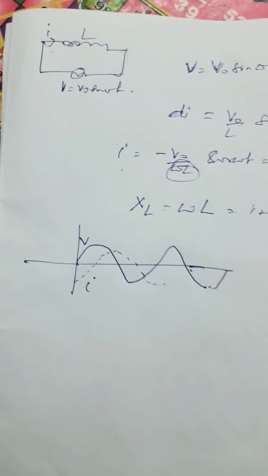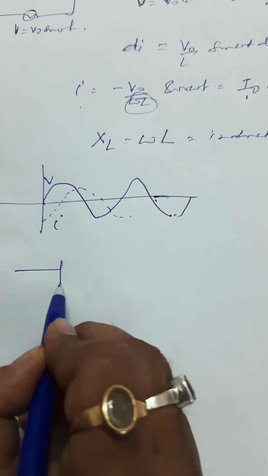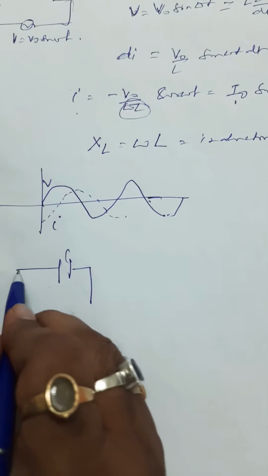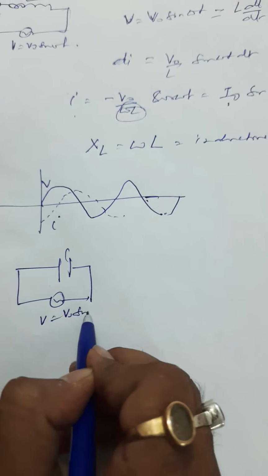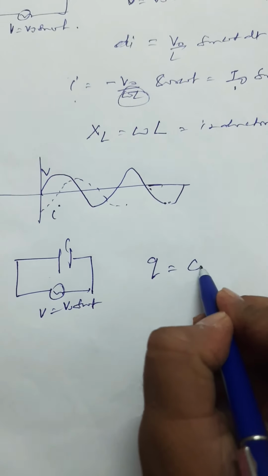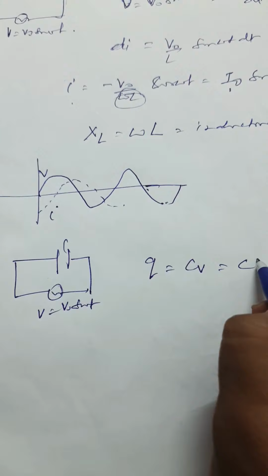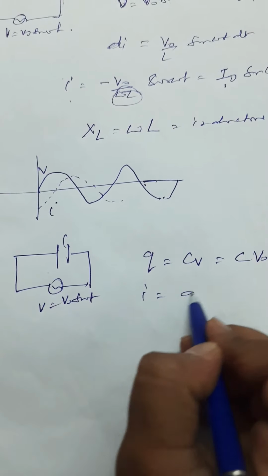Now if we take the pure capacitive circuit, if this is C and this is the EMF, again V is equal to V naught sine omega t. I will write Q is equal to CV equal to C V naught sine omega t. Now I is equal to dq by dt.